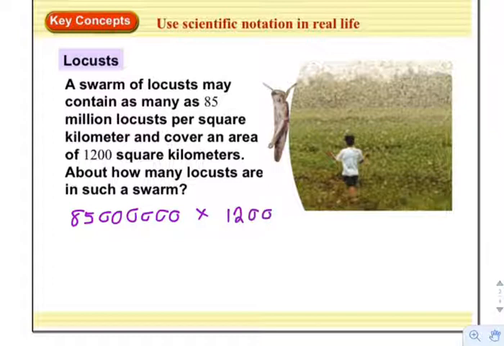Now, we could plug this into the calculator, we could just multiply in our heads or figure it out, or we could write this in scientific notation, which would be 8.5 times 10 to the 7th power times 1.2 times 10 to the 3rd power.